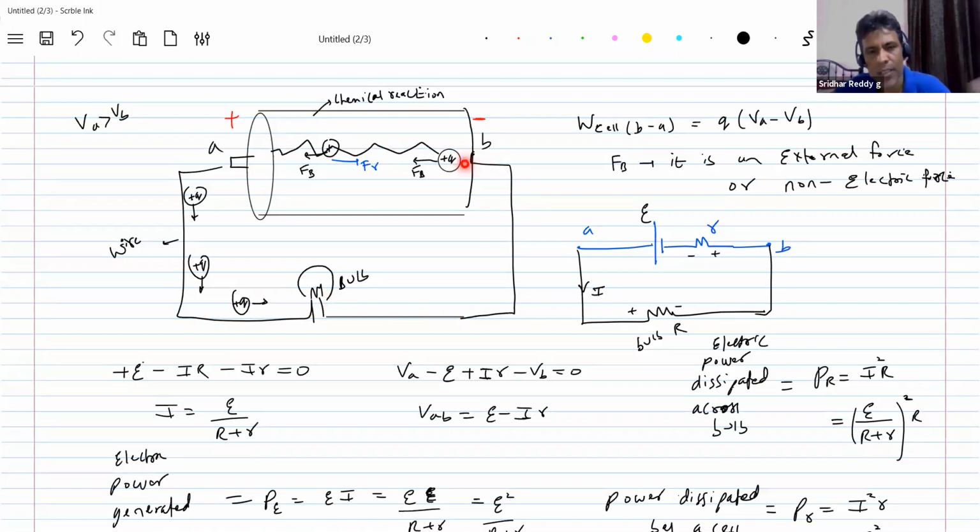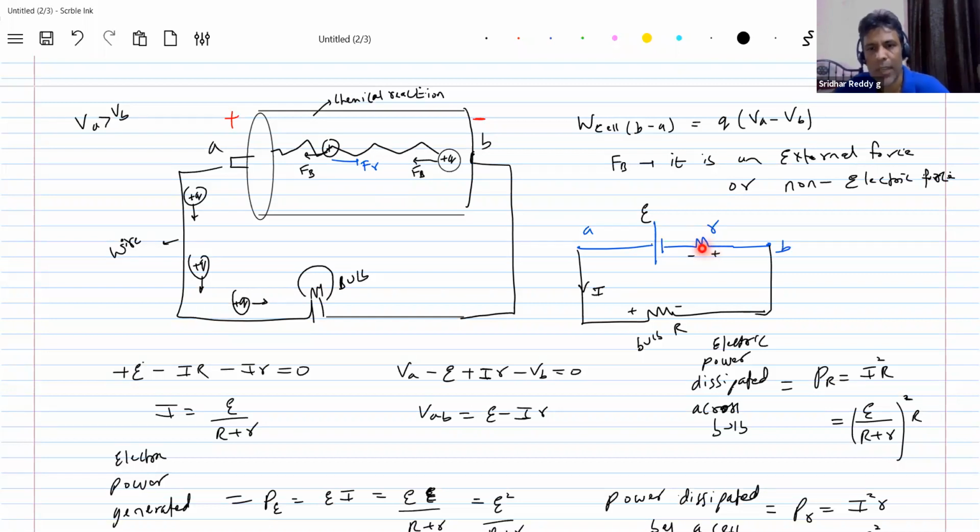Then, during its flow inside the material of the cell, the resistance of the material exerts a force and opposes the motion of charge. That is called internal resistance, and that is why r is brought in here.